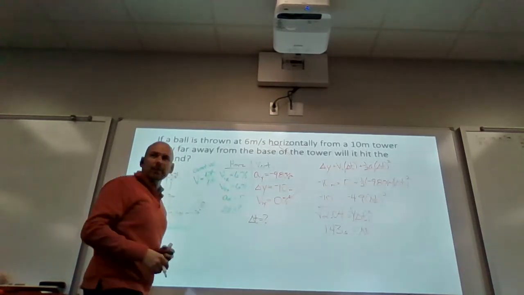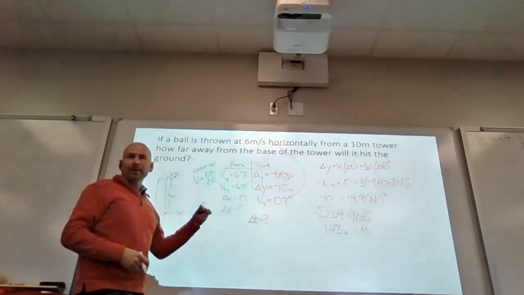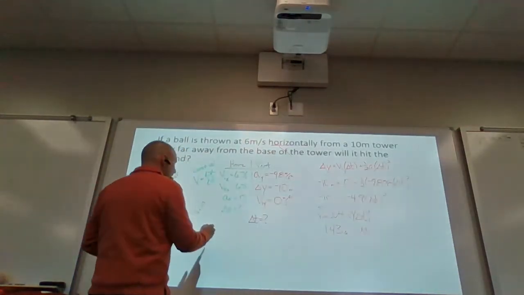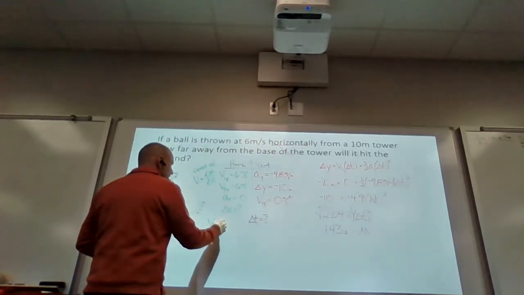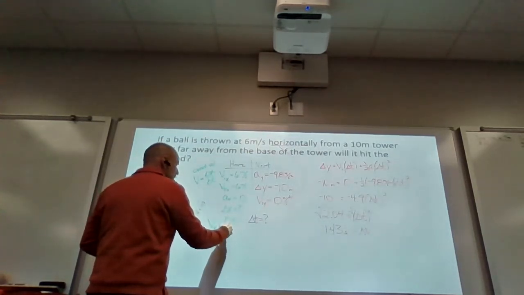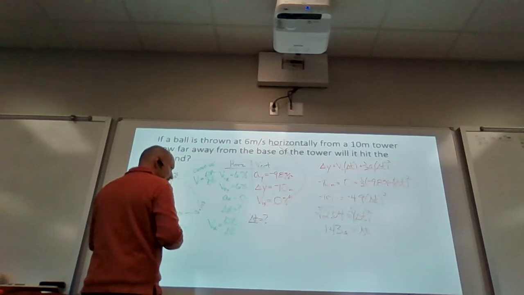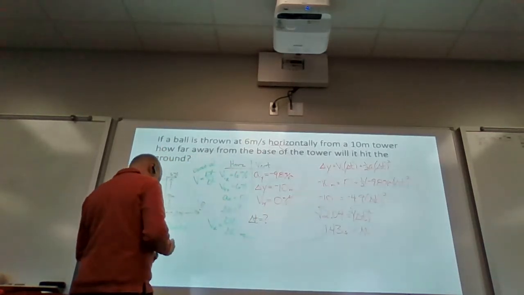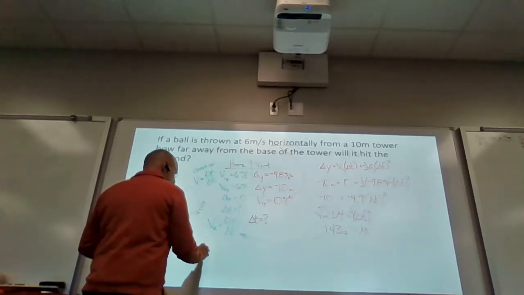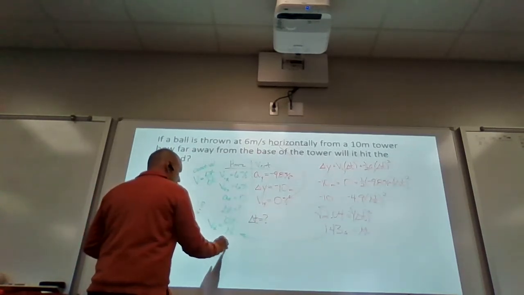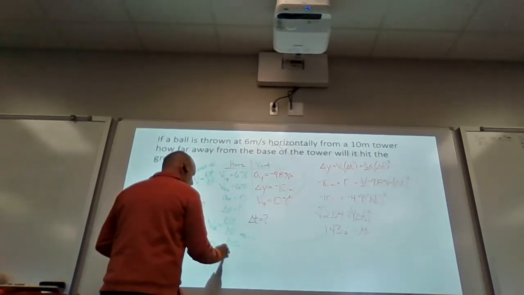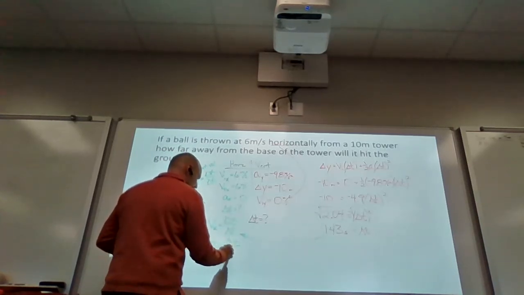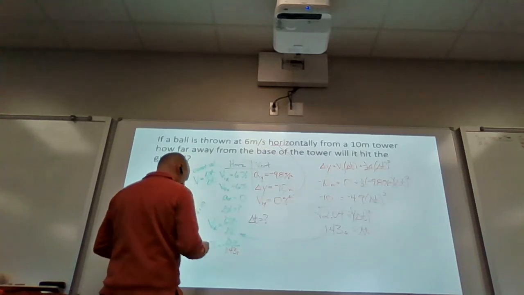You could use a bunch of different ones if you wanted to. This is my go-to. Okay? So horizontal velocity is equal to displacement over time. Put time into there. We got 6 meters a second is equal to displacement over 1.43 seconds.